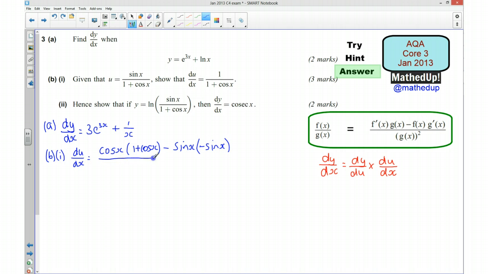And that's going to be all over the bottom squared, so it's going to be 1 plus cos x squared.